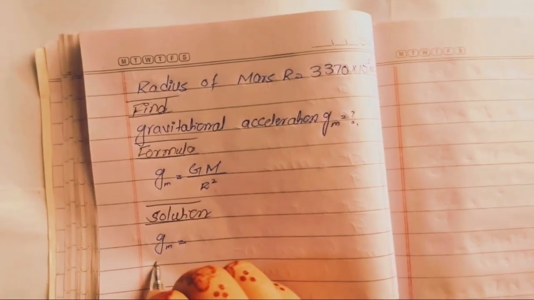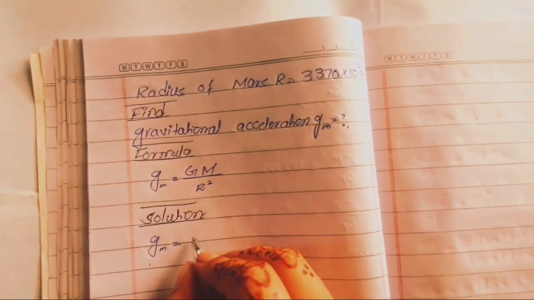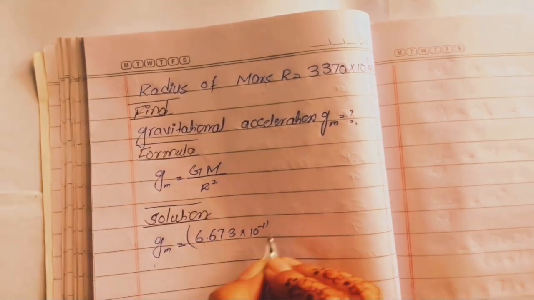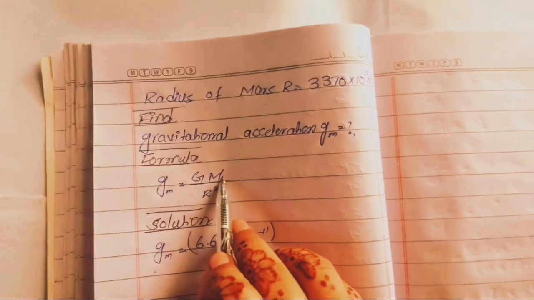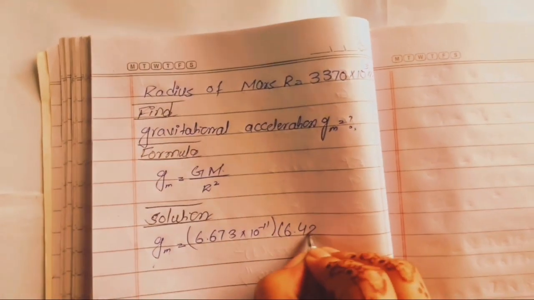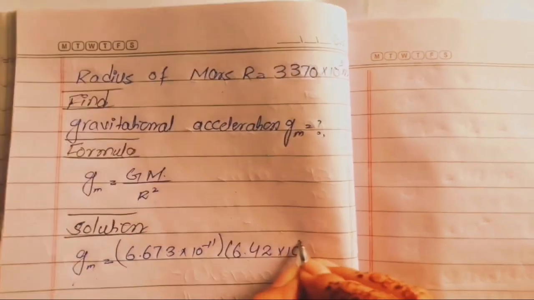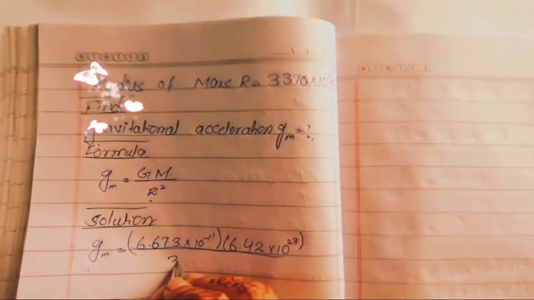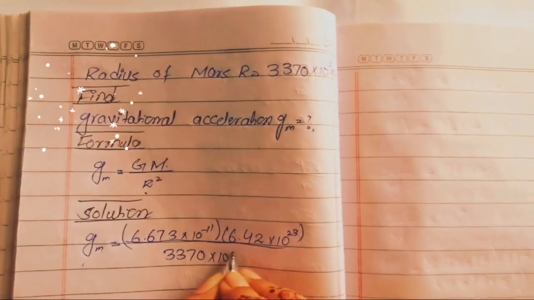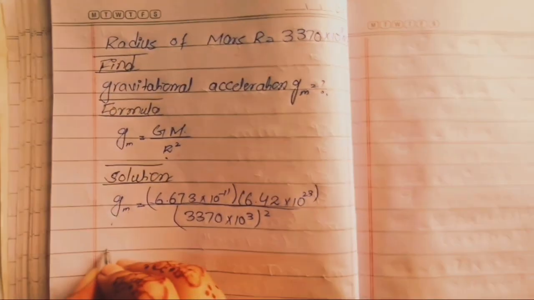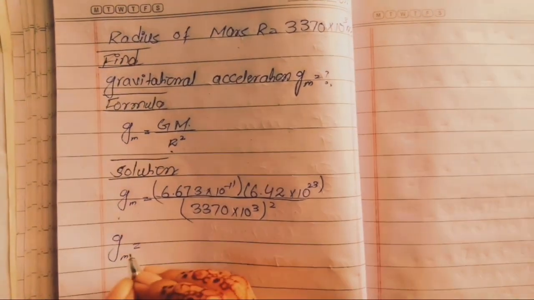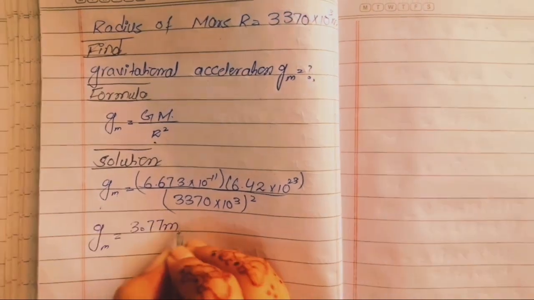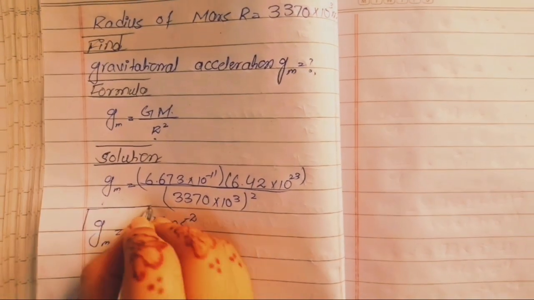The value of gravitational acceleration on the surface of Mars: the value of capital G is 6.673 multiplied by 10 raised to power minus 11, the mass of Mars is 6.42 multiplied by 10 raised to power 23, and the value of radius is 3370 multiplied by 10 raised to power 3, squared. Now we will find its answer. Answer is 3.77 m/s squared.